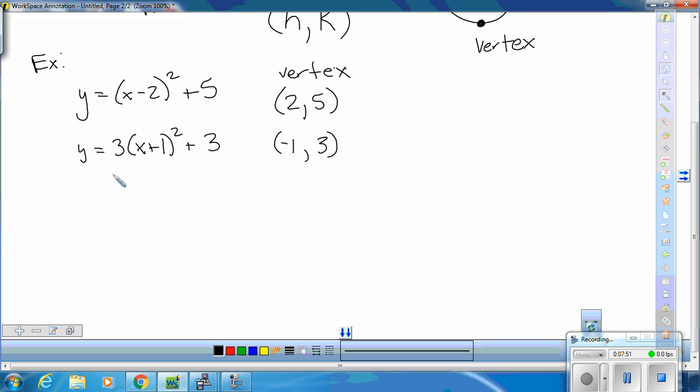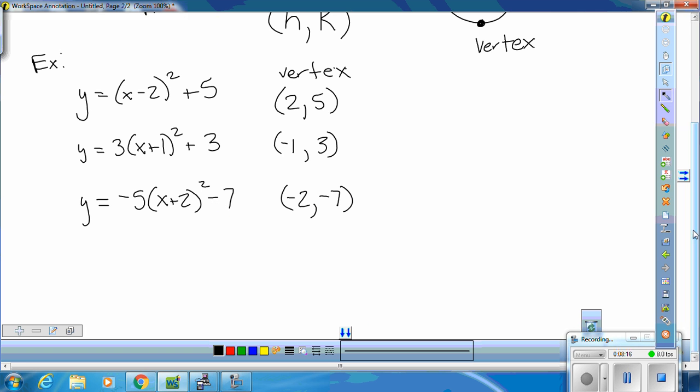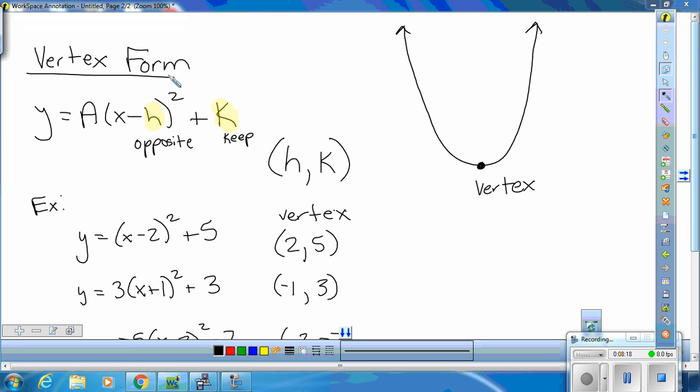It kind of determines how skinny it is, or how fat is the u, or how skinny is the u, but it doesn't affect my vertex, not in the vertex form. If I have y is equal to negative 5 times x plus 2 squared minus 7, I do the opposite of the inside, which would be negative 2, and keep the outside, which would be negative 7. So that's how we find the vertex for a parabola when it's in vertex form.